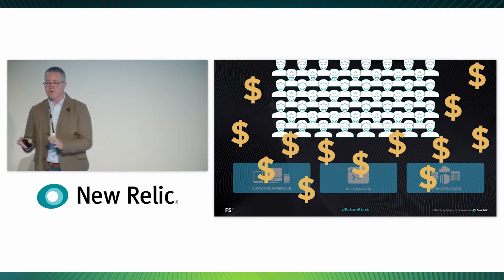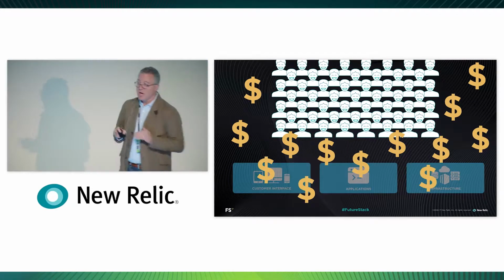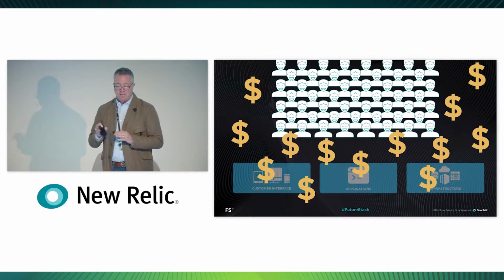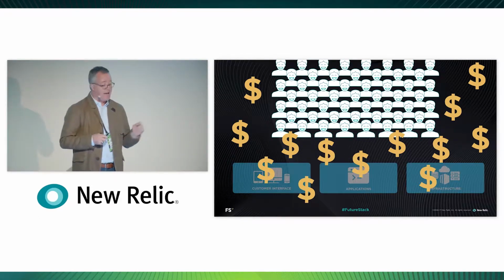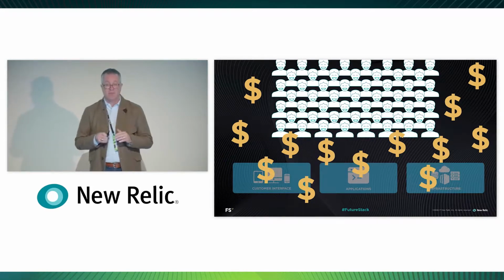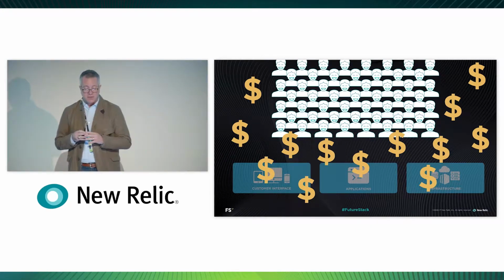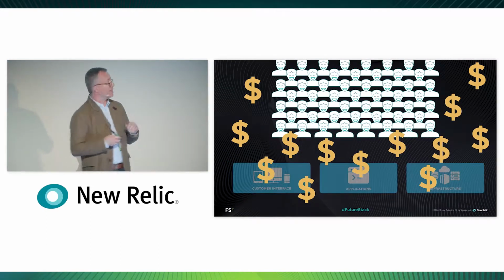Yes, you should keep your infrastructure running. You should make sure that your application is running. But if your customers are successful, that's what really drives your business, which means you should be monitoring that. This kind of front-end monitoring has always been important, but modern architectures mean that it's more important now than ever before. Okay, let's take a look at why that is.